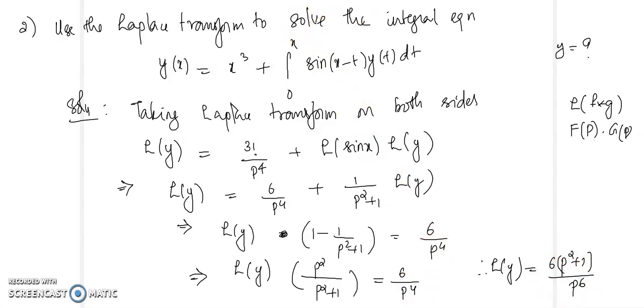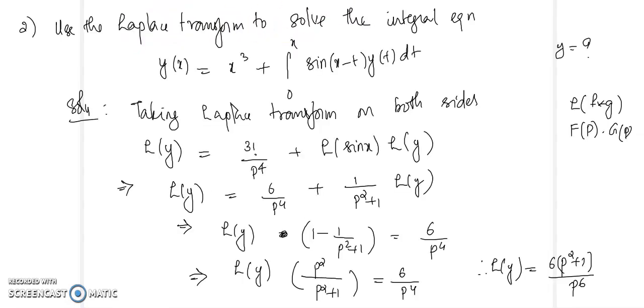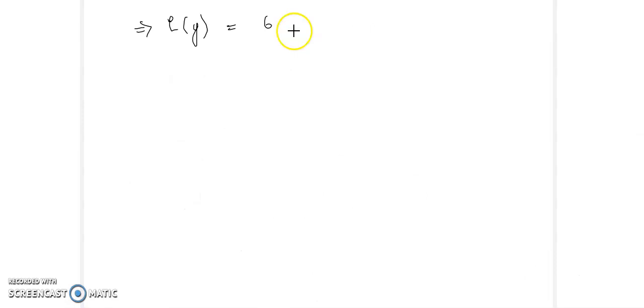So that implies L of y will be equal to 6 into 1 by p raised to 4 plus 1 by p raised to 6. Now that is 6 by p raised to 4 plus 6 by p raised to 6.